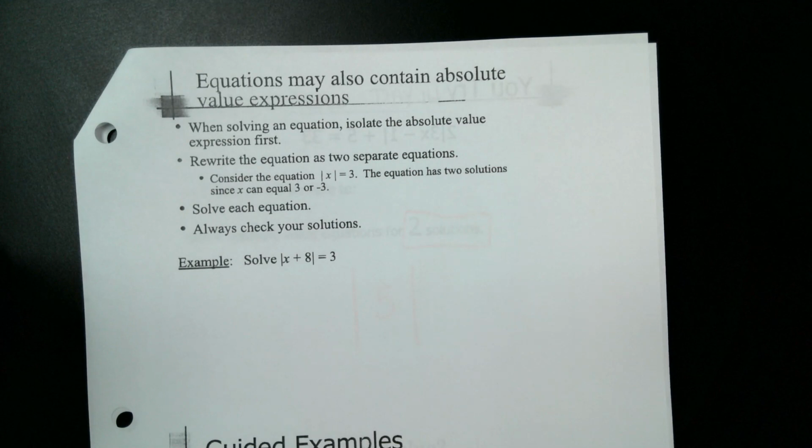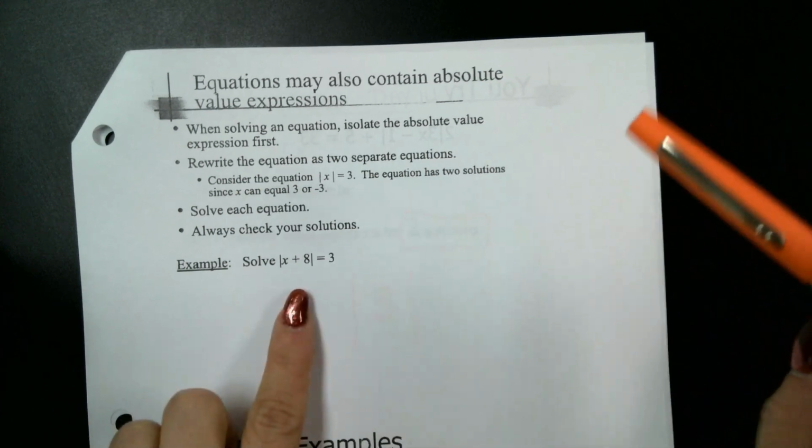When they say isolate it, that means if there is something in front of these bars, I'd have to move it first. If there's something behind it, like a plus 5, minus 6, whatever, I'd have to move it to the other side. Or if there's something underneath it, like let's say it's the absolute value of something divided by 4, I'd have to get rid of the divided by 4 first before I could even think about solving this problem. Okay? So, look at this example.